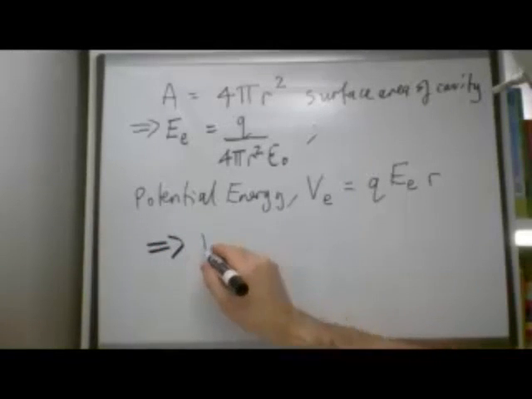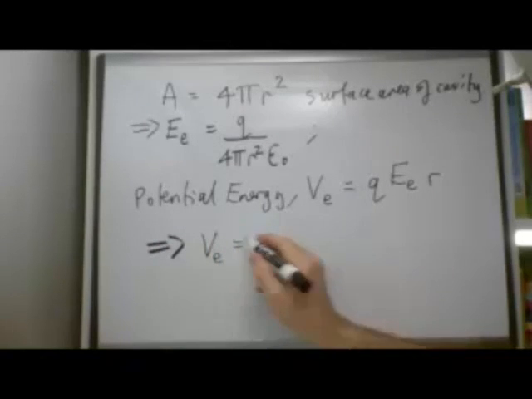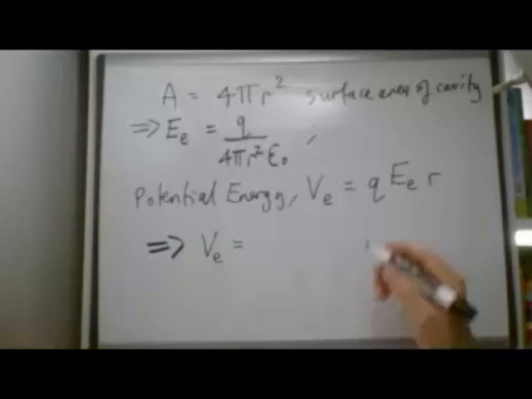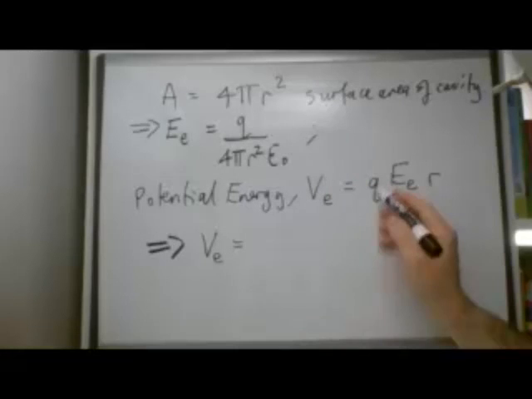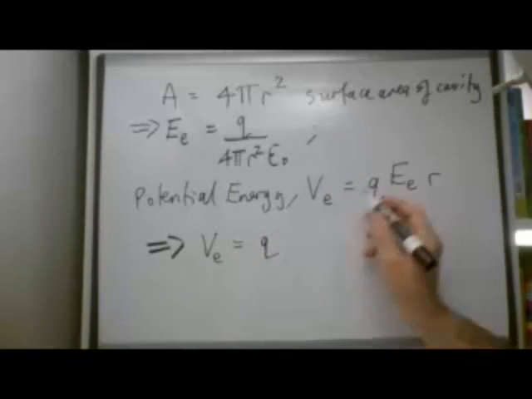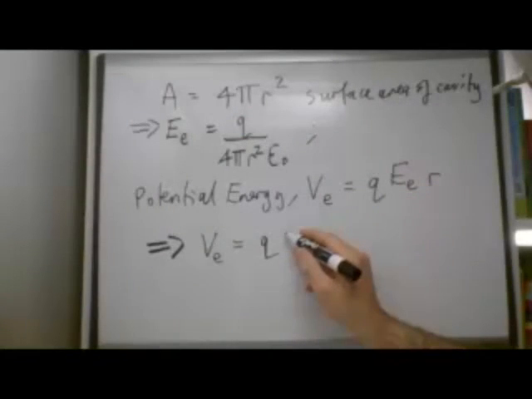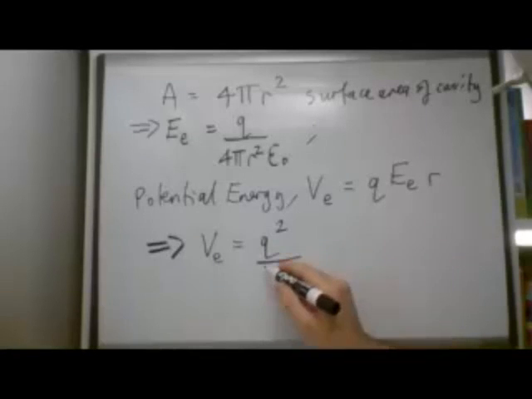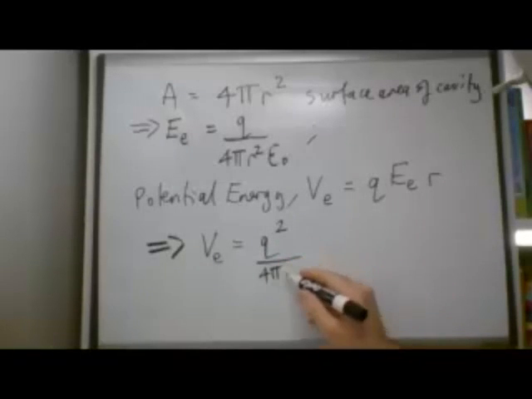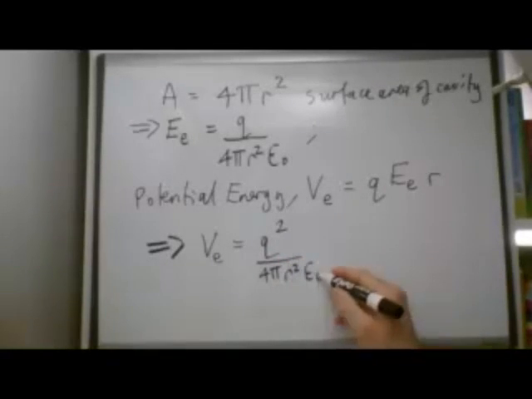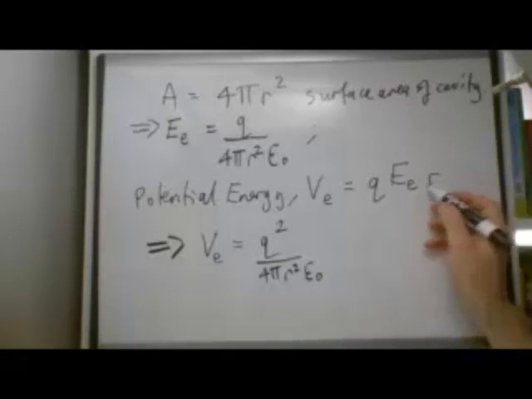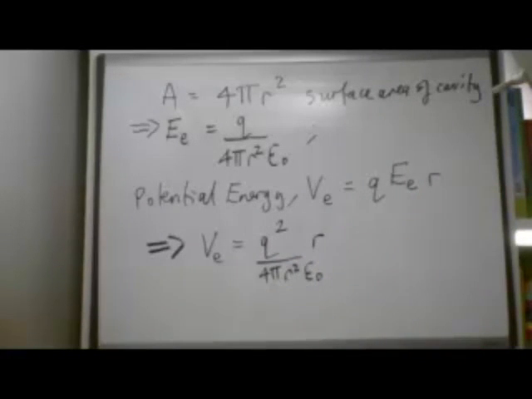And we have the potential energy of the electron is going to be this Q multiplied by this Q, because we're subbing in E for E now. So Q squared divided by 4 pi r squared epsilon 0. And then we've got this R. Okay, so this is the potential energy.